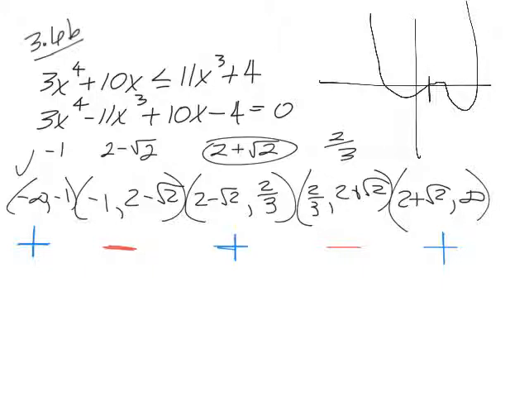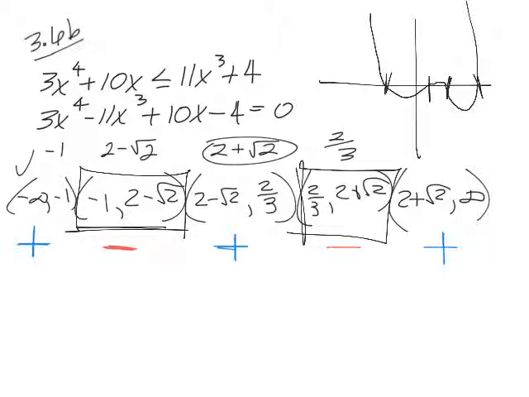So we're interested in this interval, where it's below or equal to the x-axis. So my answer is going to be this and this. Okay, and you can just put those two together with a union sign, and everything is good, and you're done.